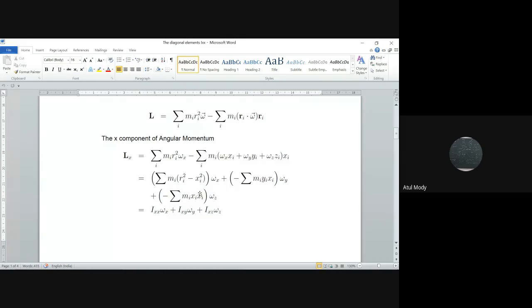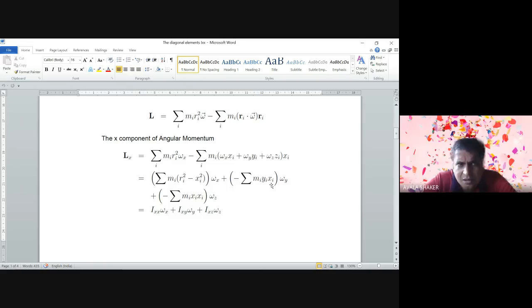No, Shekhar, with omega y it should be x_i z_i, and with omega z it should be x_i y_i. It's a typographic error. For omega y, the y term will not come; for omega z, the z term will not come in the product.